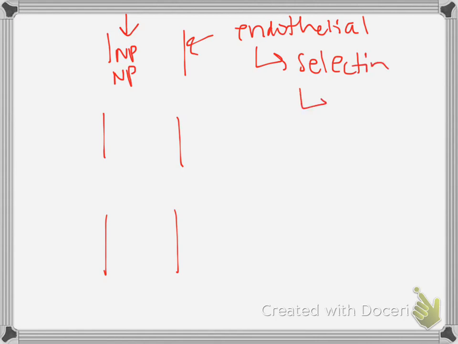Alright, so selectin functions as an adhesion molecule. To adhere to something just means to bind. So let's put some selectins on the walls of these blood vessels. So if you had to guess, what do you think that these selectins are going to bind to? Probably these neutrophils that are being delivered through hyperemia, right?